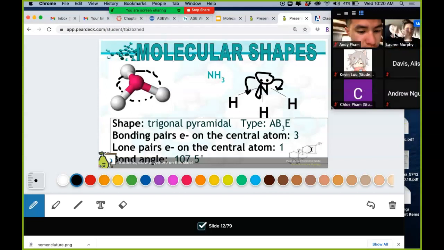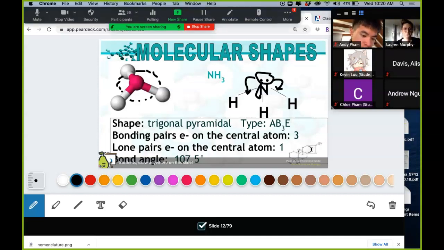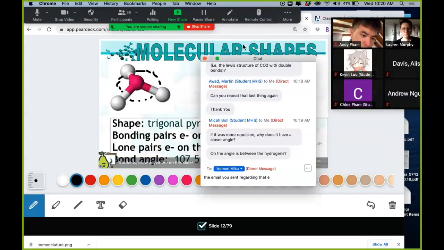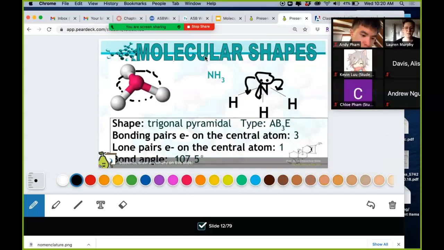If you look at my hands, I'm trying to show you a triangle. You have some repulsion, but more repulsion would push these closer, decreasing the bond angle slightly because it's pushing harder on them. Pushing harder on them means shrinking them more. Yes, the angle is between the hydrogens. Yes, very good.